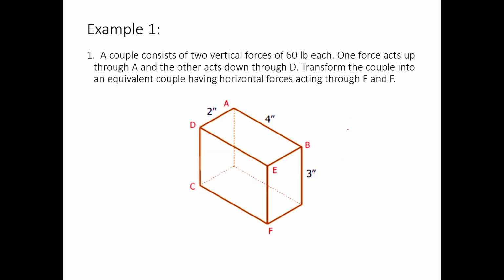Okay, let's go to example number 1. A couple consists of two vertical forces, 60 pounds each. One force acts up through A, meaning at point A the 60-pound force is acting upward, and the other acts down through D, meaning at point D it points downwards. Both are 60 pounds.